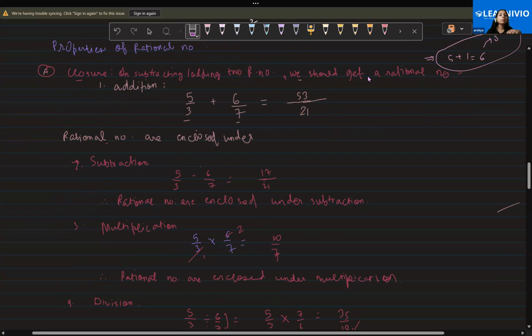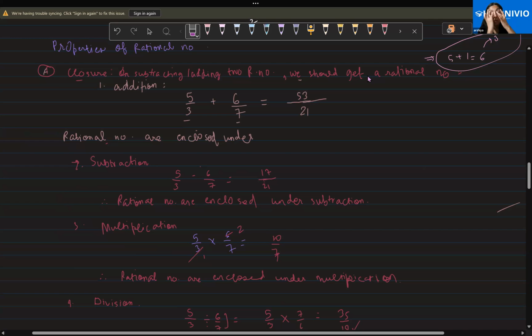So now the commutative property. What is the commutative property? Is it the grouping one?